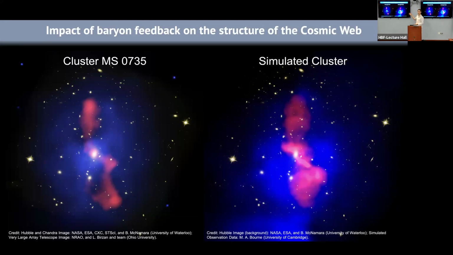Simulations that incorporate this kind of AGN feedback in galaxy clusters find that that's the missing puzzle to keep a galaxy cluster stable. But the question is whether jets also have a profound effect on the physics of other parts of the cosmic web, for example the filaments and the voids.